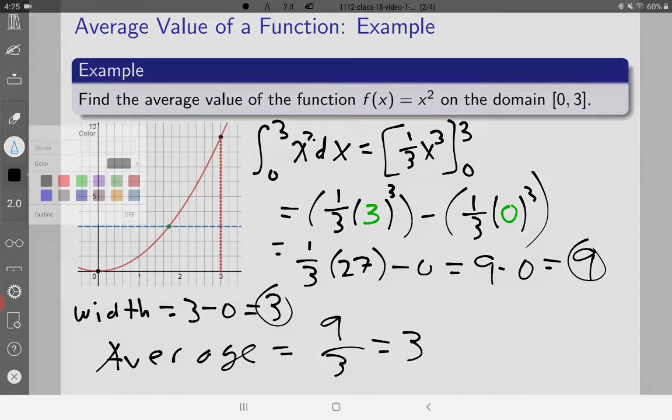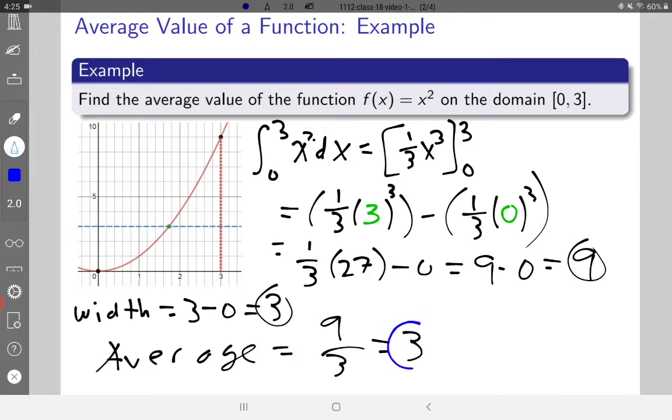I get 3. A couple things about that. That's exactly the height of that horizontal line I have in the graph over there. That's the average height of this curve between the two endpoints that I've marked at x equals 0 and x equals 3. Another way to think about this is it says over 3 hours, I traveled 9 miles, so I averaged 3 miles per hour.